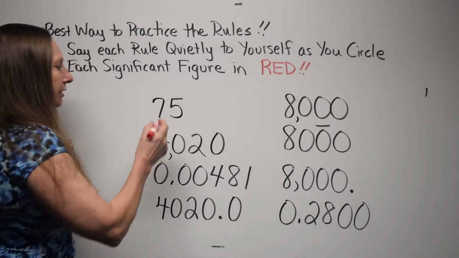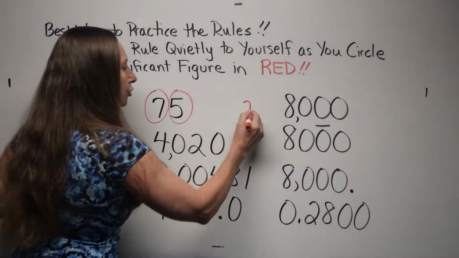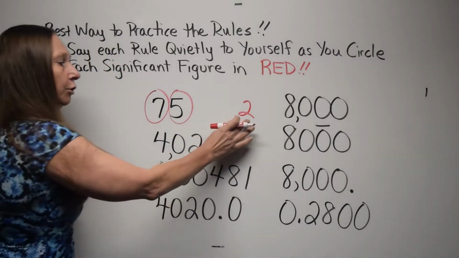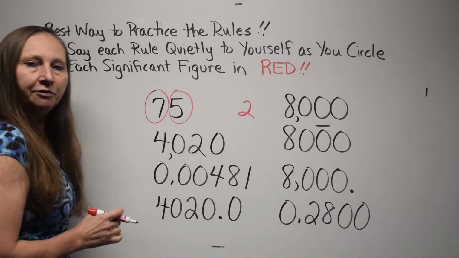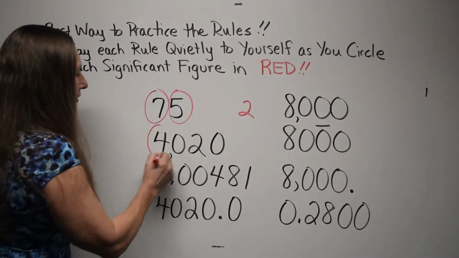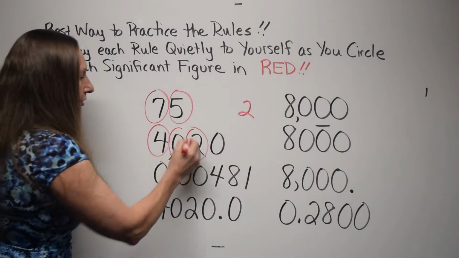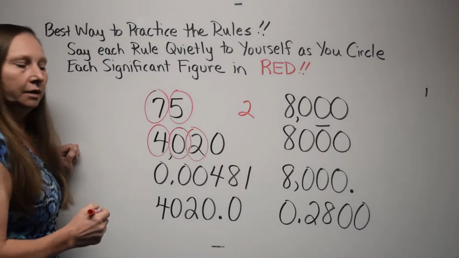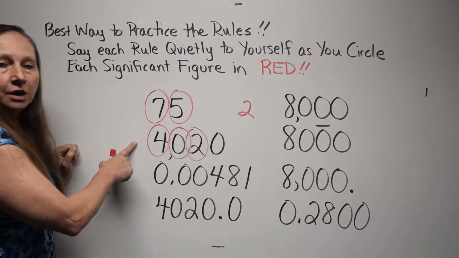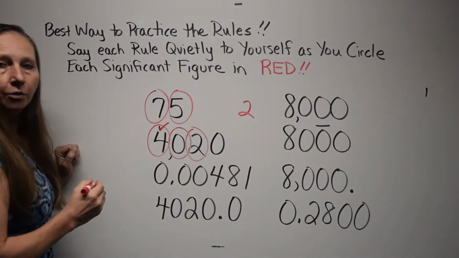Non-zeros are significant. Non-zero, non-zero. So here we have 2 significant figures. Put the 2 in the box if you are using the worksheet. Here we go. Non-zeros are significant. Zeros between non-zeros are significant. Zeros before the first non-zero, there are none. All right, here's the first non-zero.